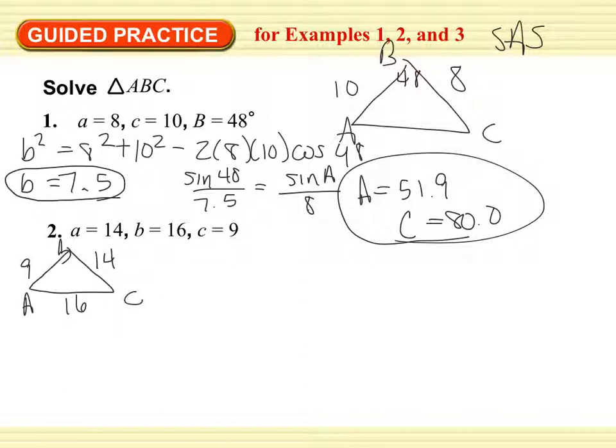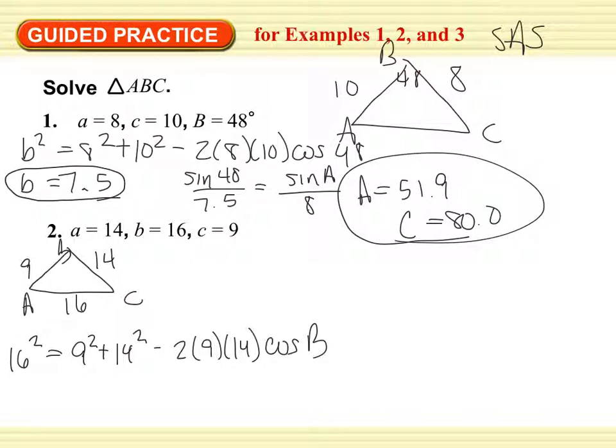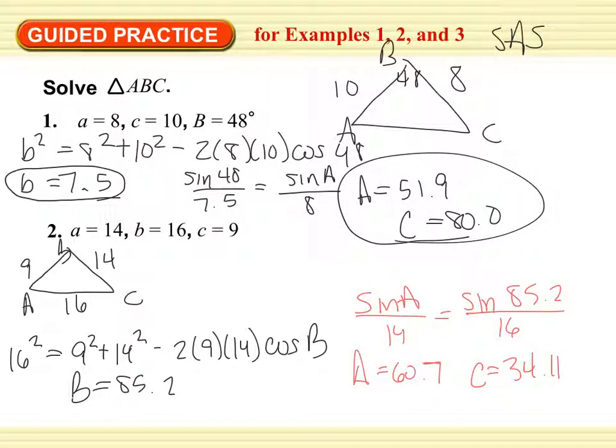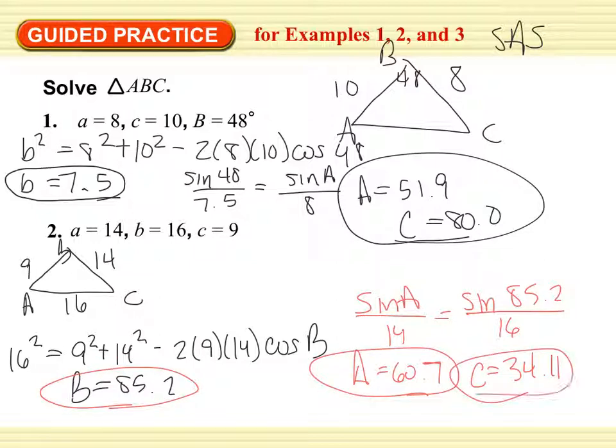So we take the biggest angle, the biggest side, and solve for the angle associated with it. 9 squared, 14 squared, 2 times 9 times 14 times cosine of angle B. Okay, I'm going to push pause and finish. You try too. Okay, I have B is 85.2, A as 60.7, and C as 34.1.